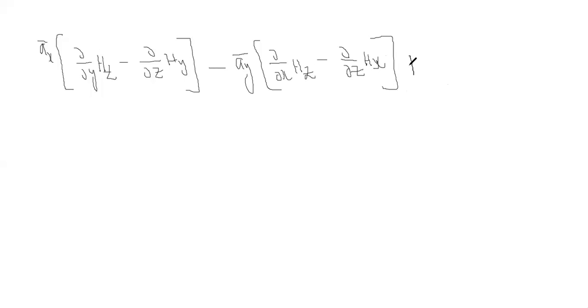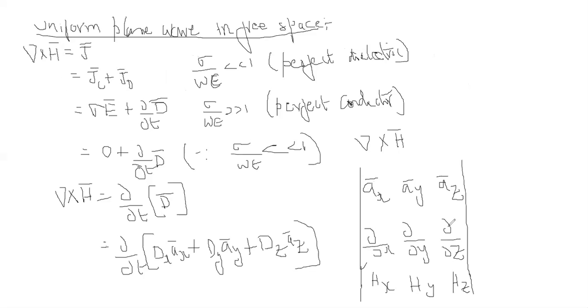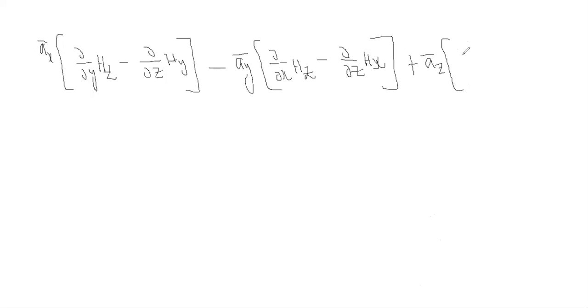The last term is multiplied with az bar into dou by dou x of Hy minus dou by dou y of Hx.